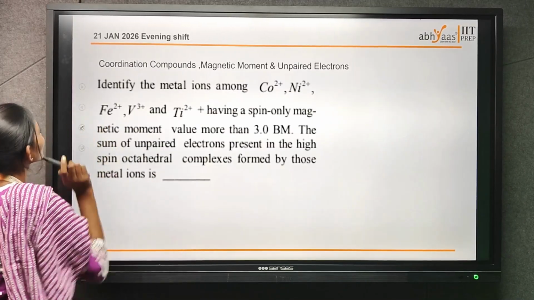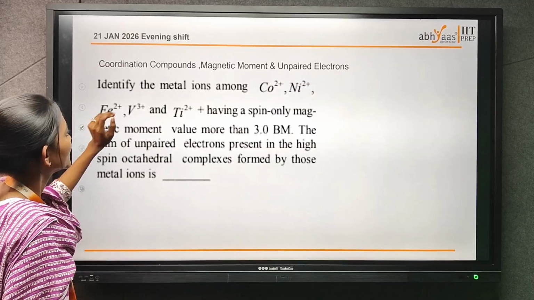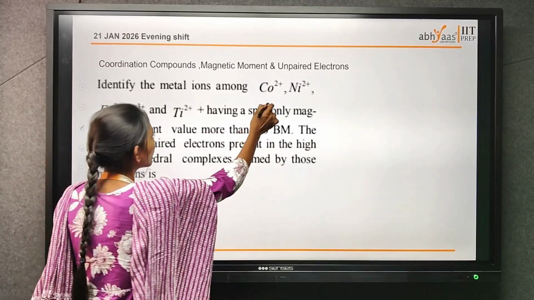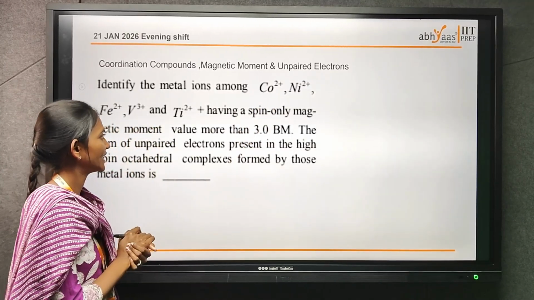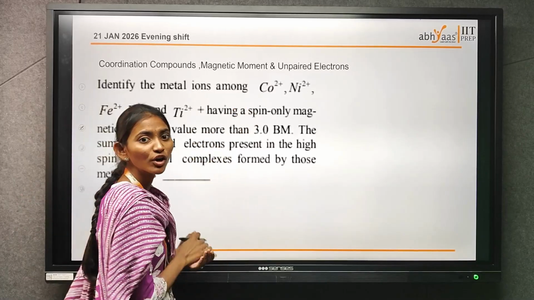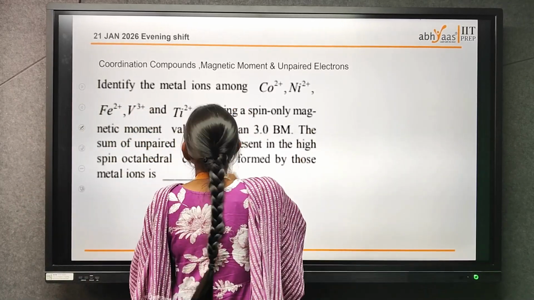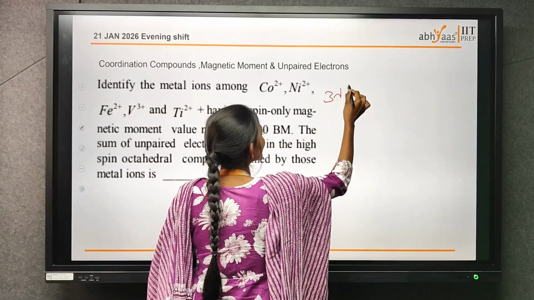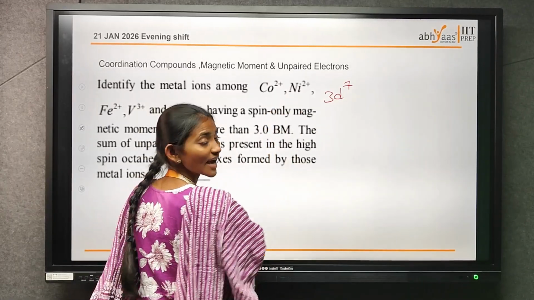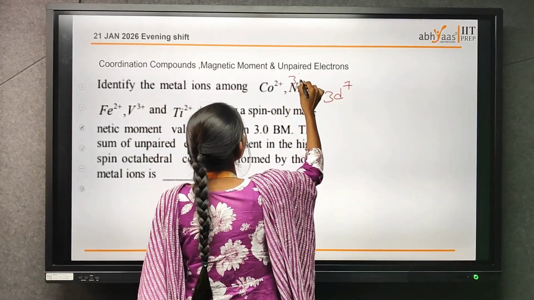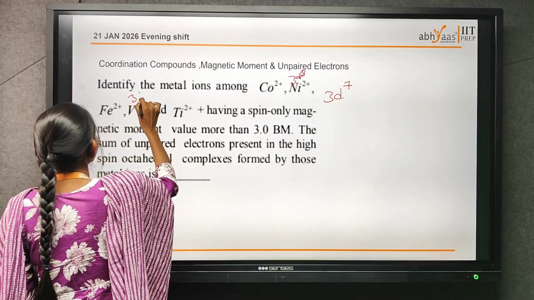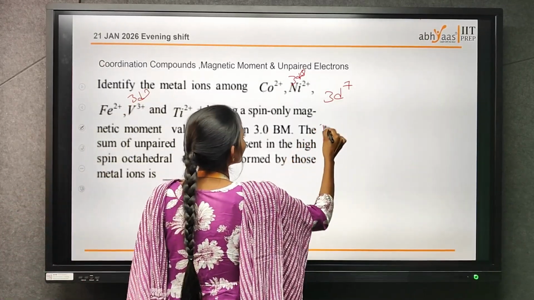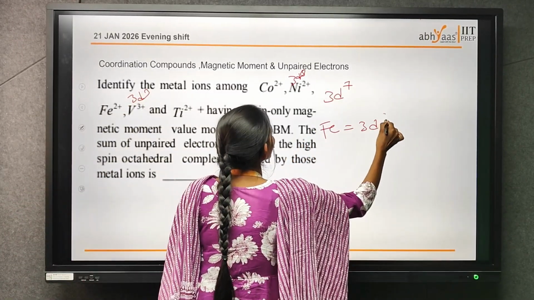Okay, and coordination compounds. Here they have given some compounds of cobalt, nickel, ferrous, vanadium and titanium. What is the configuration for cobalt? 3d7. For nickel we have 3d8. For vanadium we have 3d3. For ferrous we have 3d6.